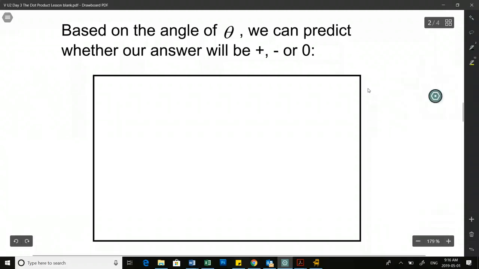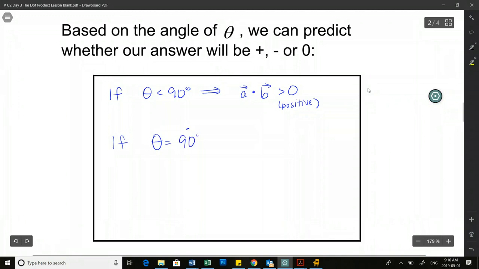So let's first say if our theta is less than 90, this will mean the dot product is positive. Then A dot B will be greater than 0 or positive. Okay? If theta equals 90, then the dot product is equal to 0, perfect.